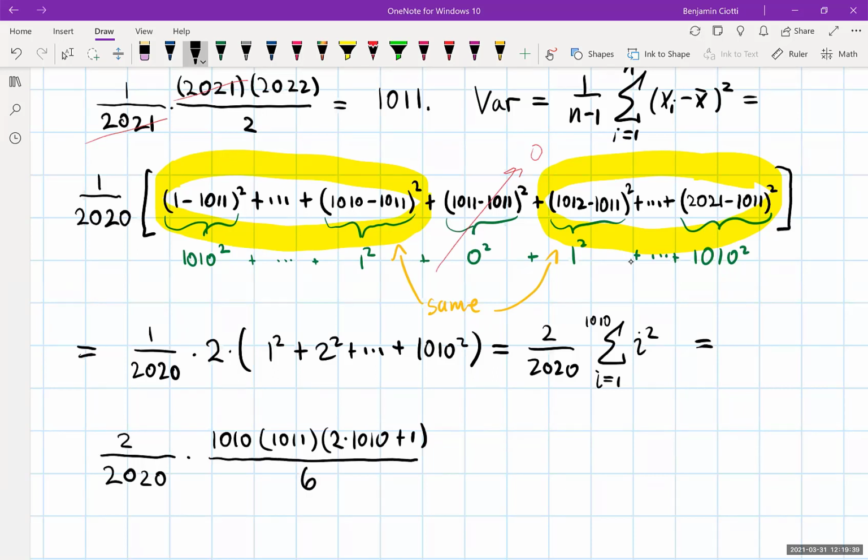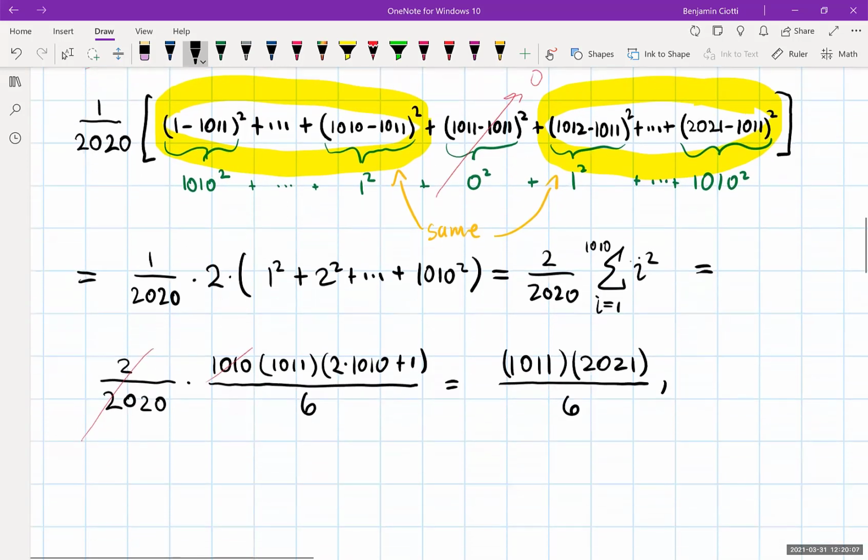And now I get to do some cancellation. I think this fraction will cancel with that. So I get 1011 times 2021 over 6. So I can just take the square root of that, and I'll have my standard deviation.